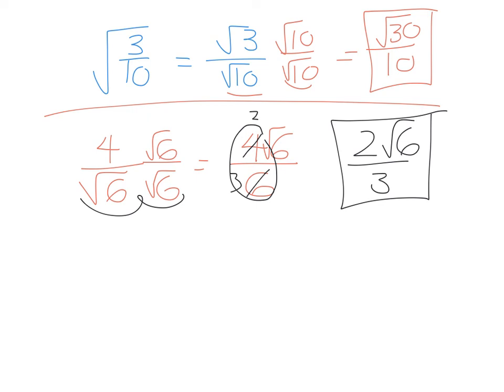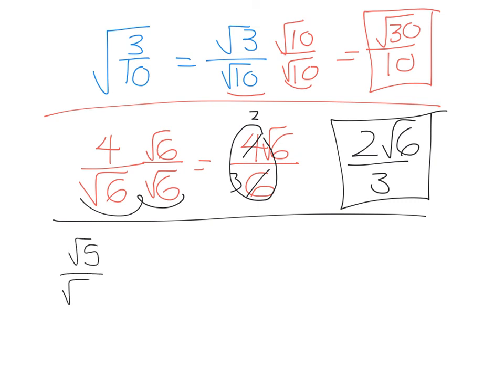Let's just do one more. Let's do rad 5 over rad 8. So to rationalize, we multiply by rad 8 over rad 8. We get rad 40 over just plain 8.